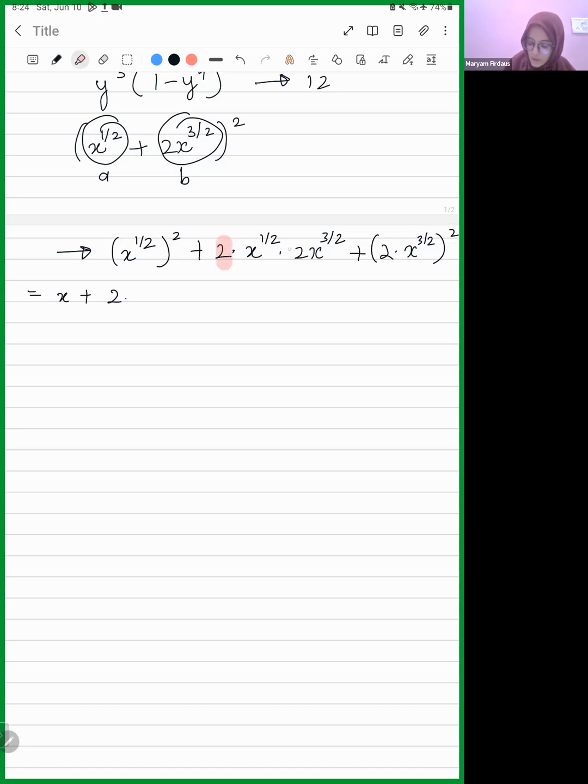This is 2 multiplied by 2, which is 4. So I'm just going to write 4 multiplied by x to the power half into x to the power 3 by 2. That becomes x to the power half plus 3 by 2, which is x square. Then plus 4x cube. So this is the polynomial, and the degree of this polynomial is 3. Okay.